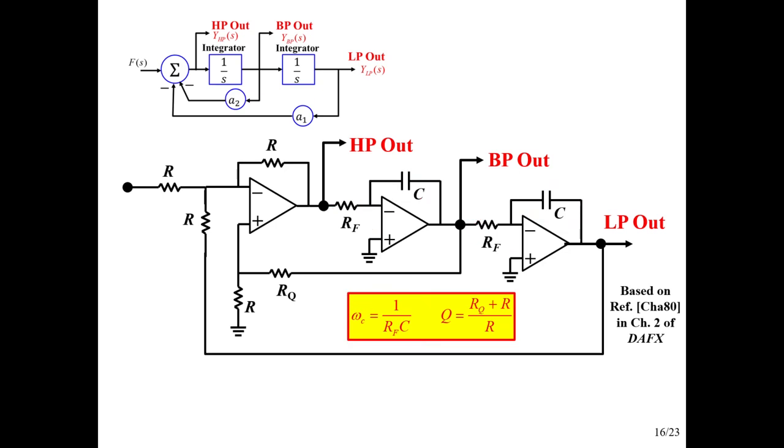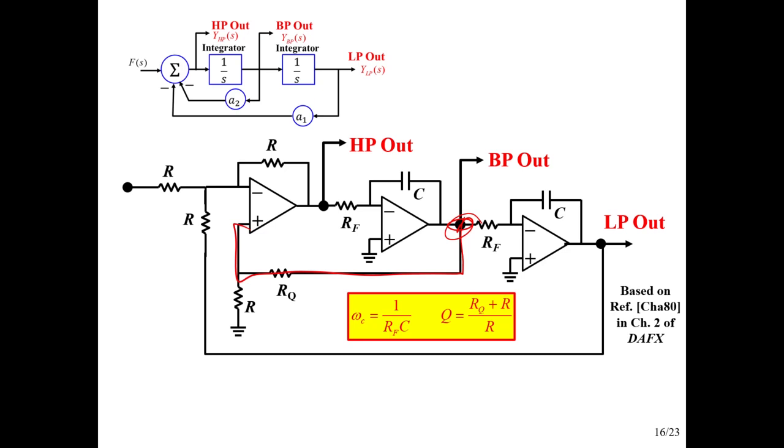So if we wanted to make this adjustable, we would need a potentiometer that has two ganged potentiometers together. So that's one drawback to this circuit as an analog circuit. The other thing, this RQ here, that's part of that voltage divider going into the positive terminal of the summer. That's going to feed back this part here.